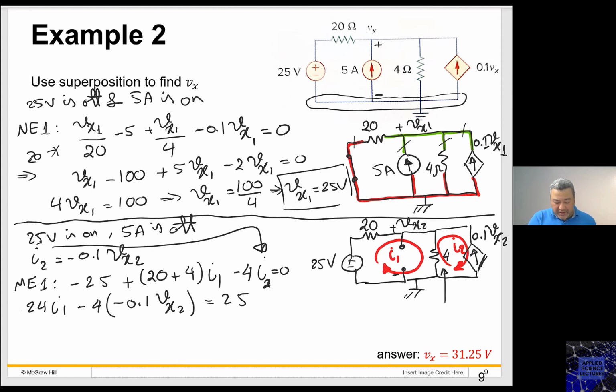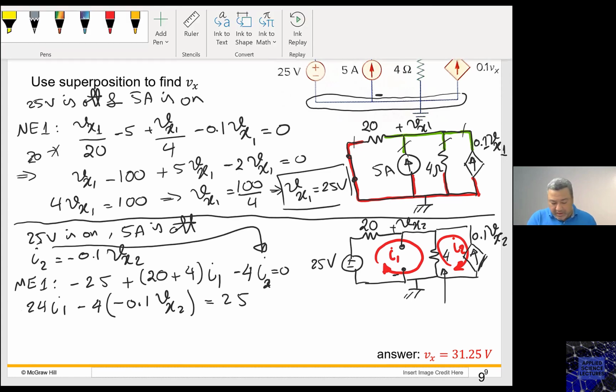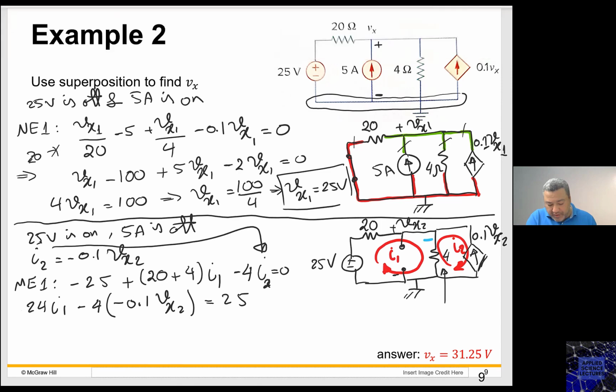So I can say here, and let me write this one in a different color, looking at Vx2 and the 4, where here is plus and here is minus, I1 is entering the plus, I2 is entering the minus.